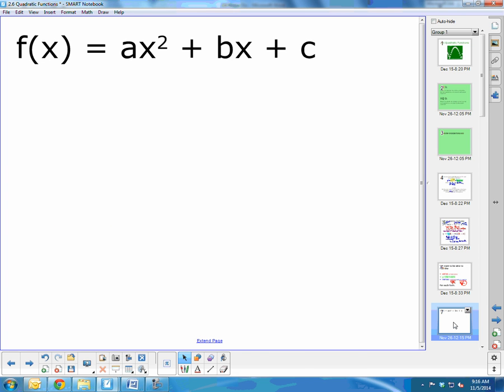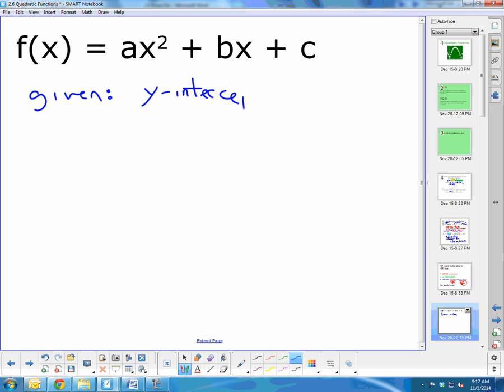So when we have our definition form here, what is given to us is that the y-intercept is c. The reason for that is a y-intercept has an x-coordinate of 0.